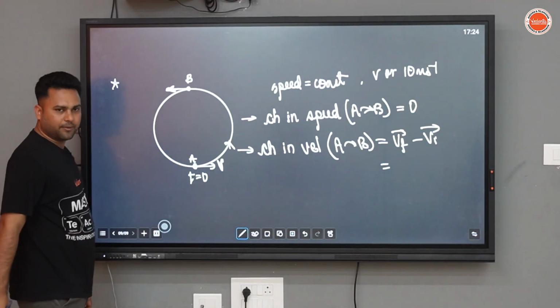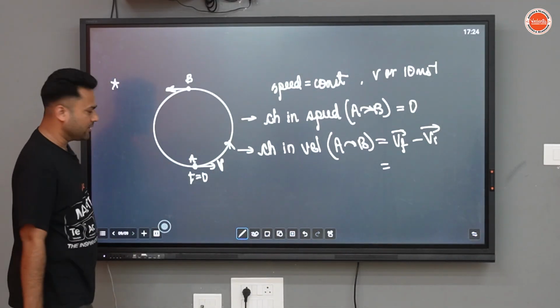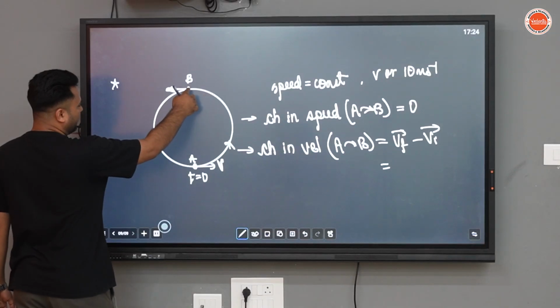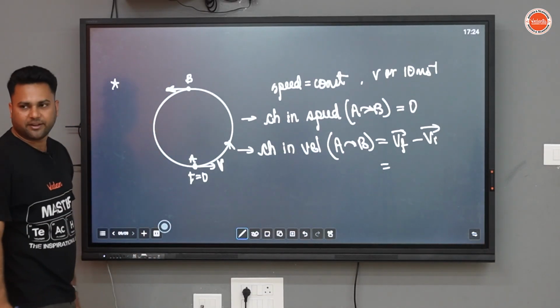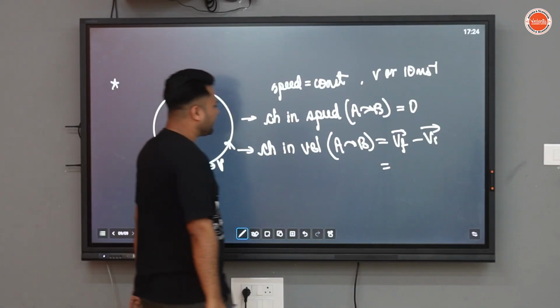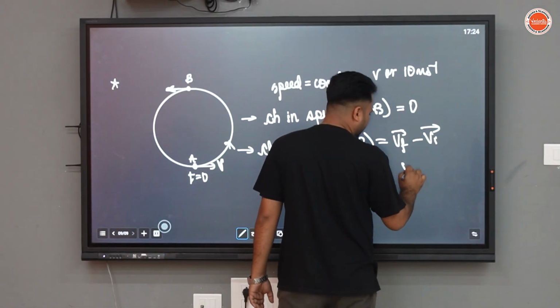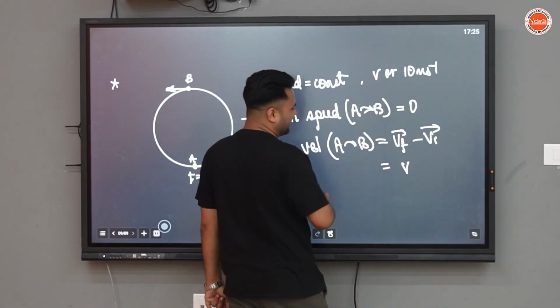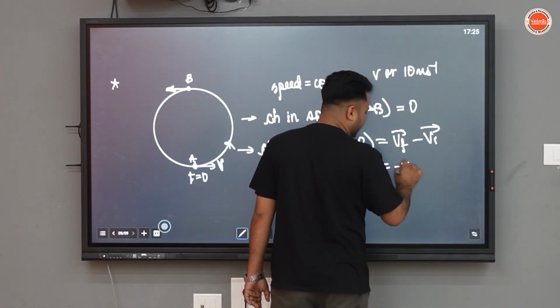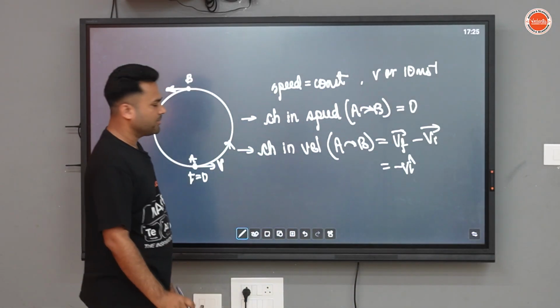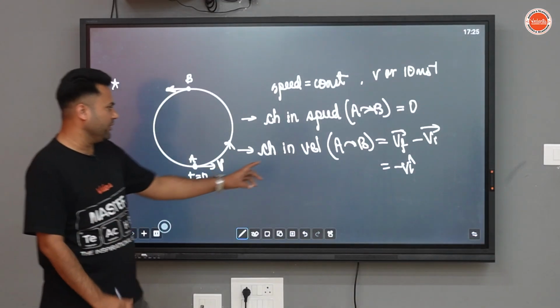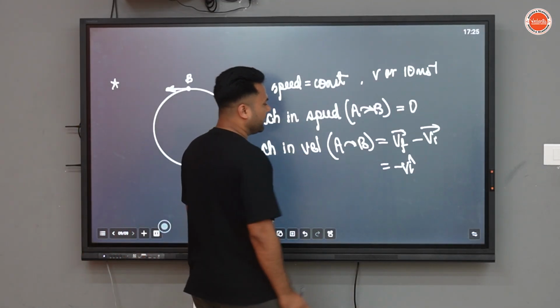Suppose the particle is going in this direction, anti-clockwise, as they have given. So at point B the direction is west, minus i cap. So final velocity I can write, value is V because this is not changing, but direction is minus i cap.